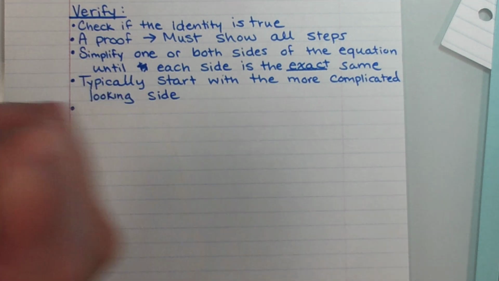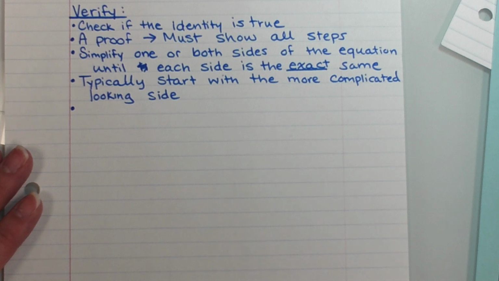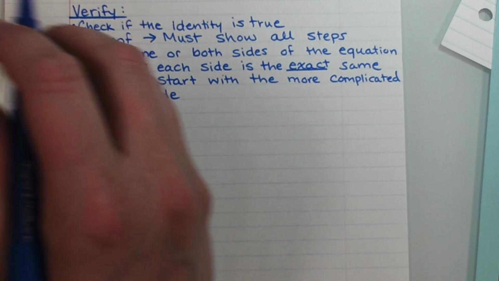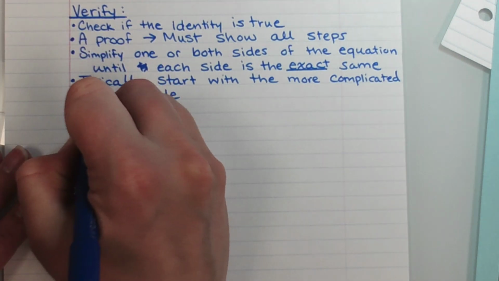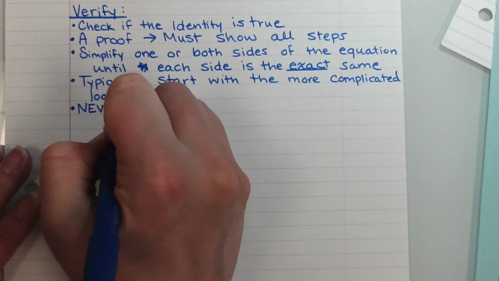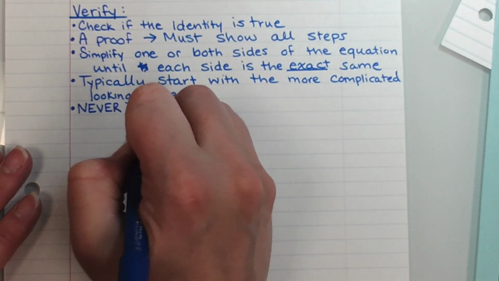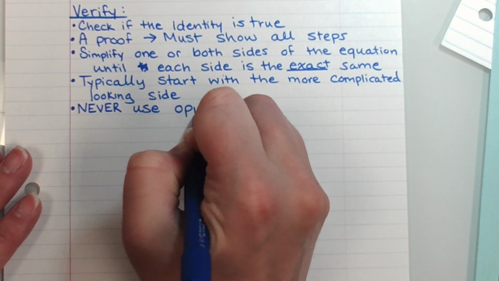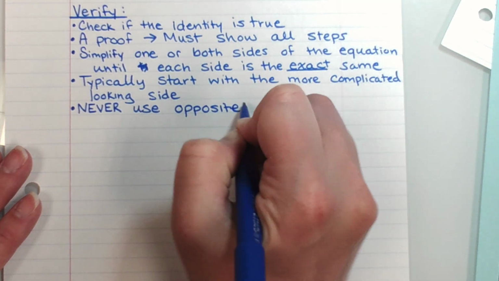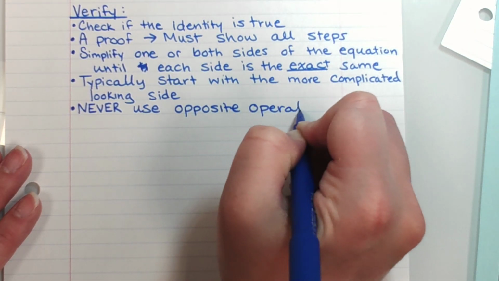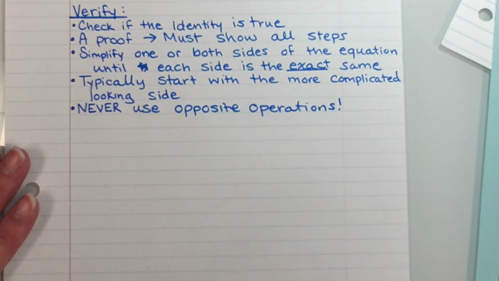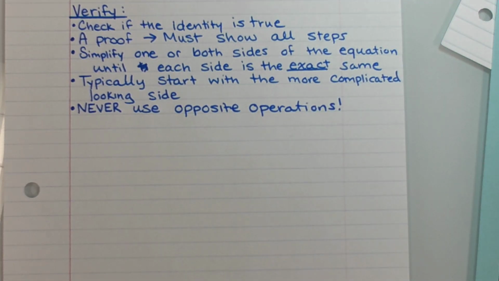Now, one of the biggest mistakes that people make when they are verifying is they start doing things to both sides of the equation. And what I mean by that is they're using opposite operations. Which you are not allowed to do.